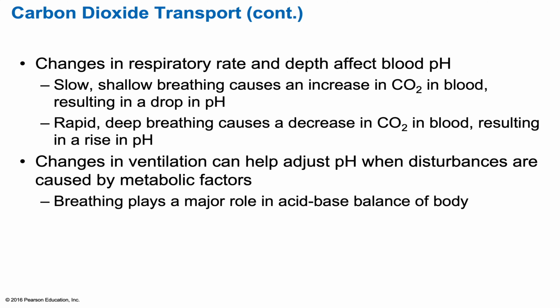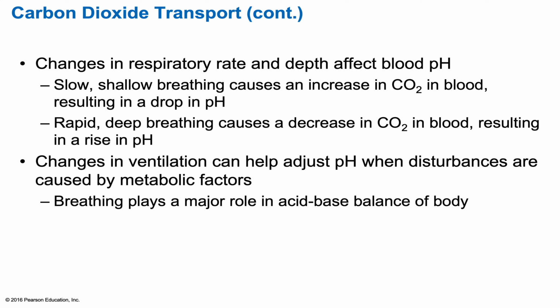Changes in respiratory rate or depth can significantly alter blood pH. Shallow breathing allows carbon dioxide to accumulate in blood. This results in carbonic acid levels increasing and blood pH dropping.